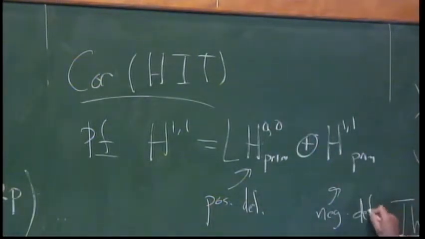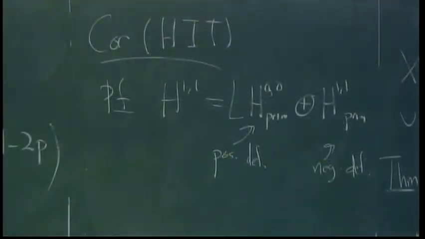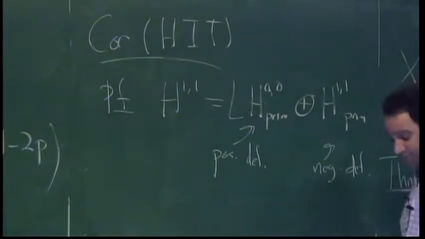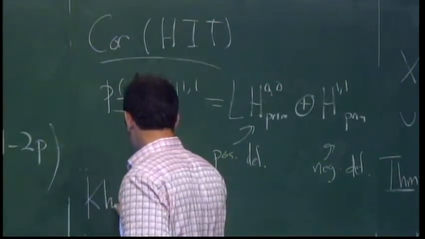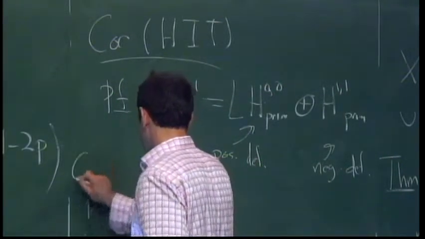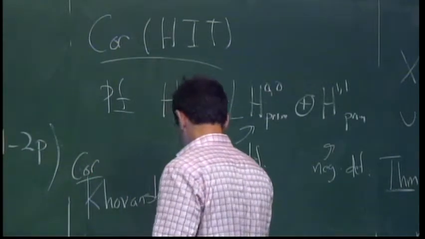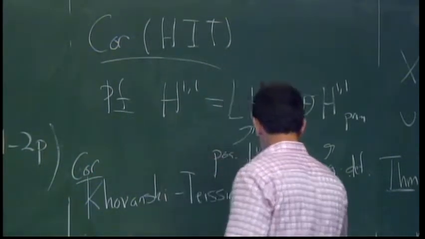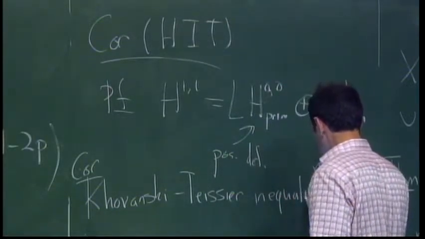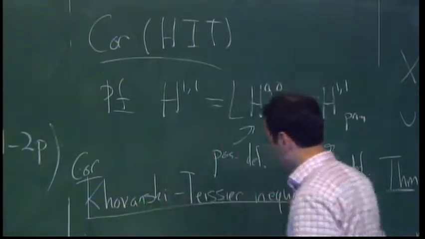And moreover, you should really think about this theorem as the generalization of the Hodge index theorem to higher dimensions. And from this theorem, we can get the Khovansky-Tessier inequality, which is a generalization of the Hodge inequality.